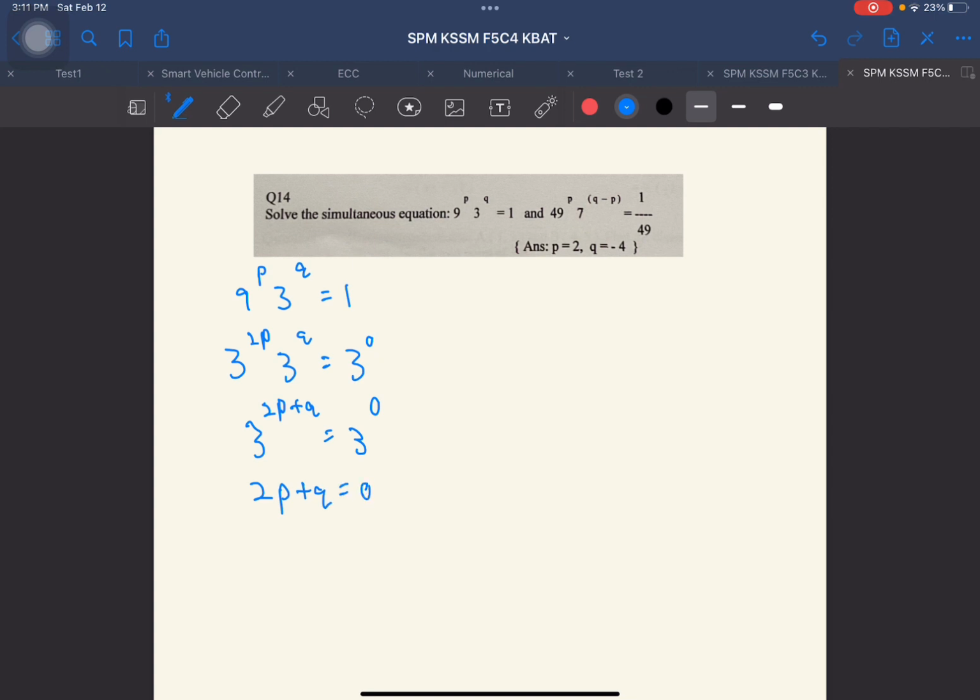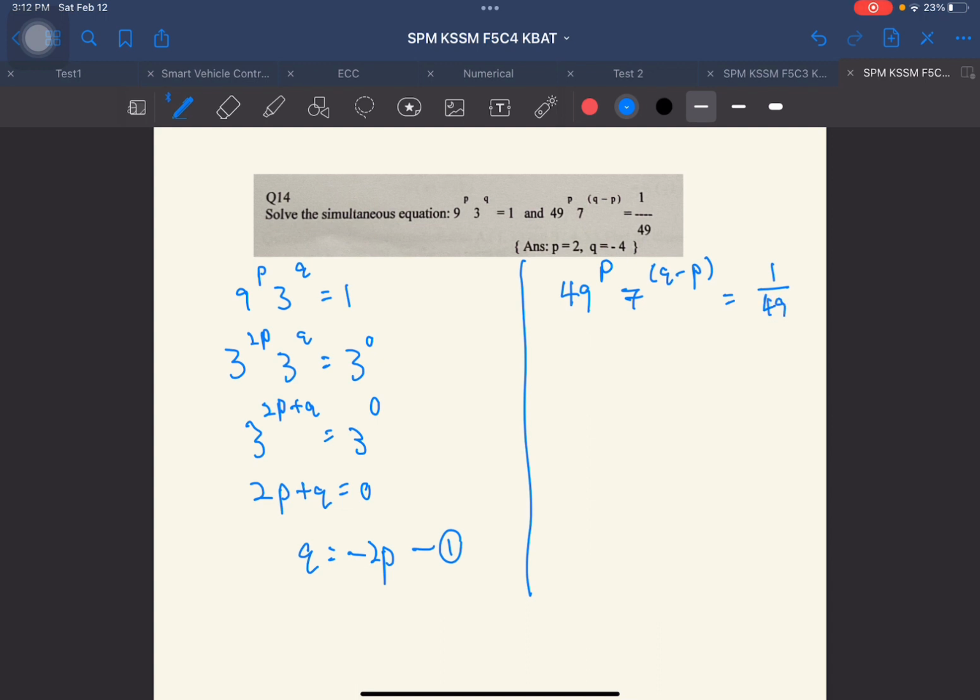And then what you're gonna do? Make q in terms of p or p in terms of q. So this is the first equation. The second equation given is 49 to the power p times 7 to the power q minus p is equal to 1 over 49.